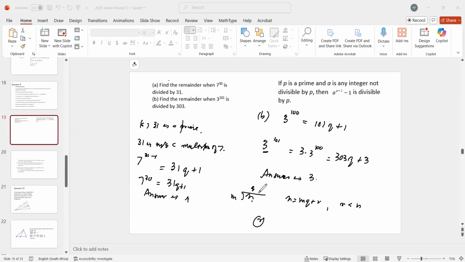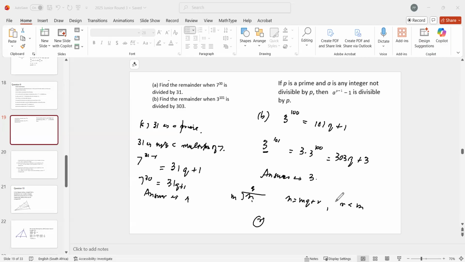Whenever you are dividing by something, you want the remainder to be smaller. Yes, you are saying how many m's go into this, and the maximum number of m's is q, and after that, the m does not go into the smaller one. So this r must be less than n. I'm sorry, r must be less than n.